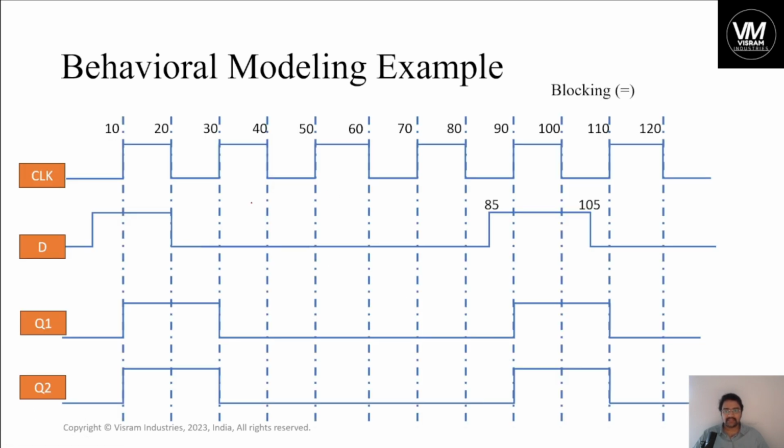Got it? Then you can see this is Q2 and Q1 and the data is D. How will this data transition occur? We have a clock with a 20 nanosecond period.